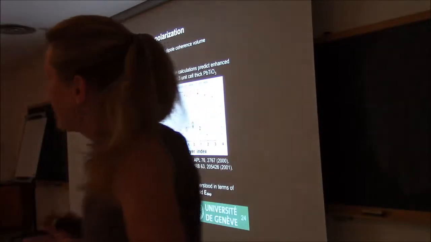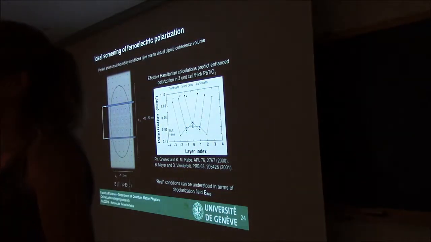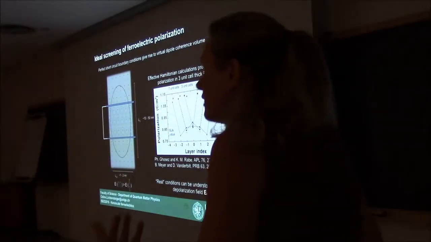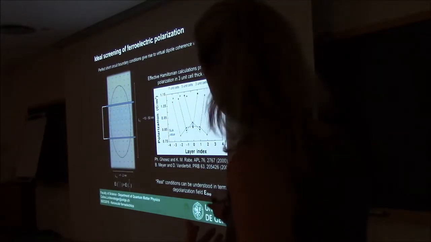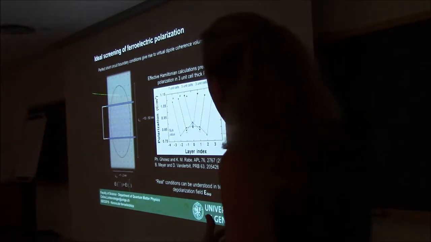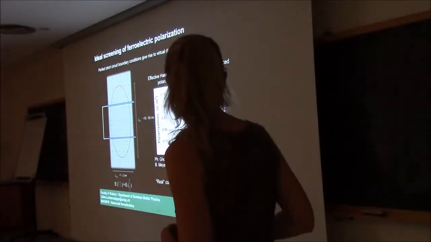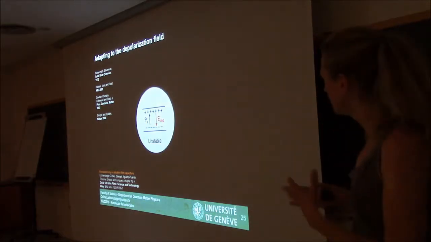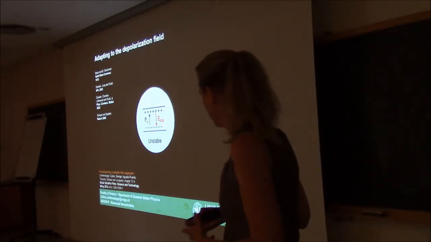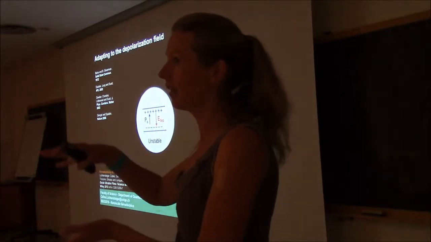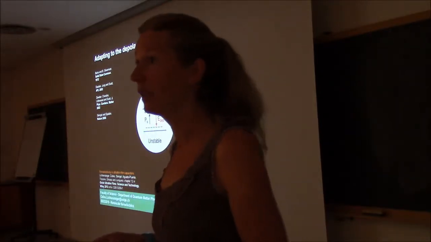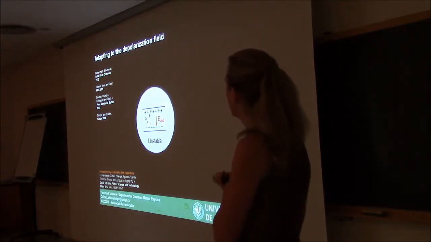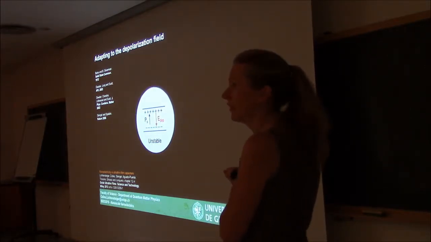To understand that, in reality, you don't have perfect electrodes, and so how can you understand what will happen in this thin film when you cut the additional dipoles? Okay, what you need to understand is the idea of this depolarization field. So if you have a very thin ferroelectric film, where we are considering here only a uniform polarization, the polarization corresponds to surface bound charges.